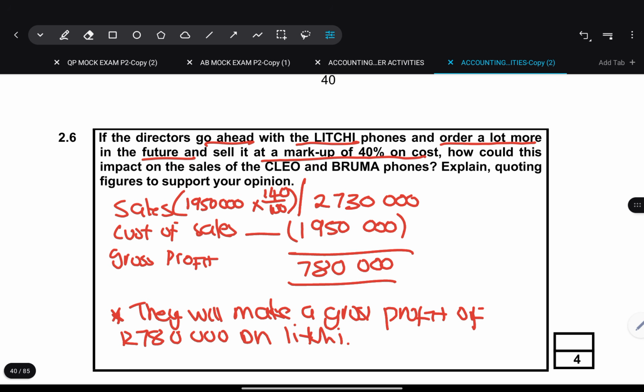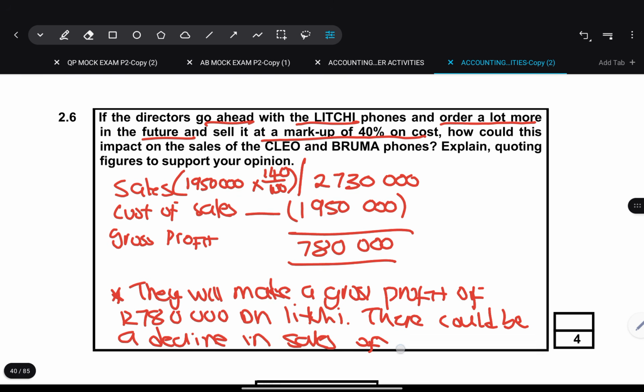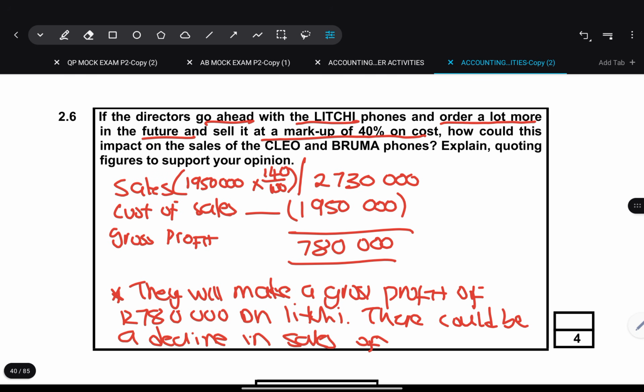And then also, when we look at this, there's a possibility that there could be a decline in sales of Clio and Bruma.